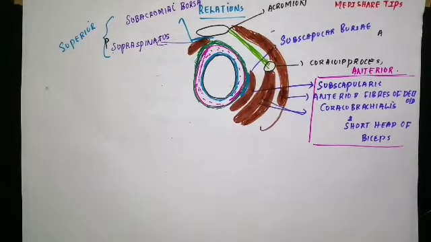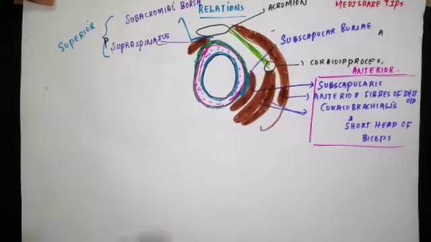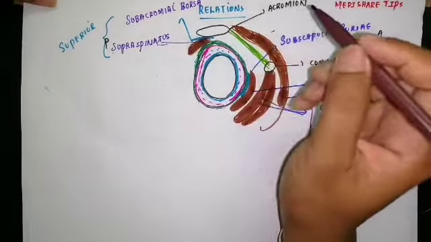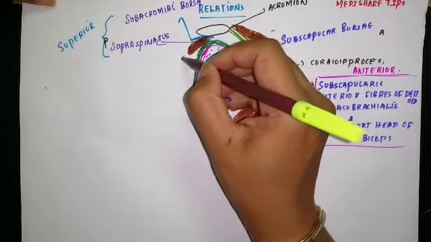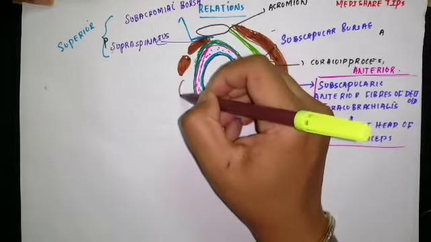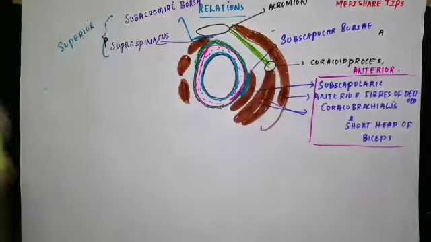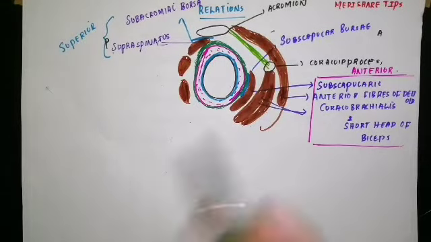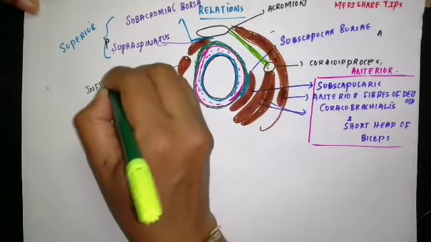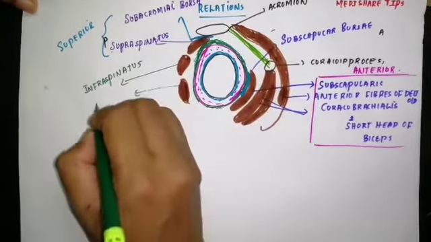Now we will mention the posterior relation. The posterior relation is formed by the muscles which are attached on the posterior aspect of the greater tubercle of the humerus, that is the infraspinatus and the teres minor muscle. These are infraspinatus and teres minor.